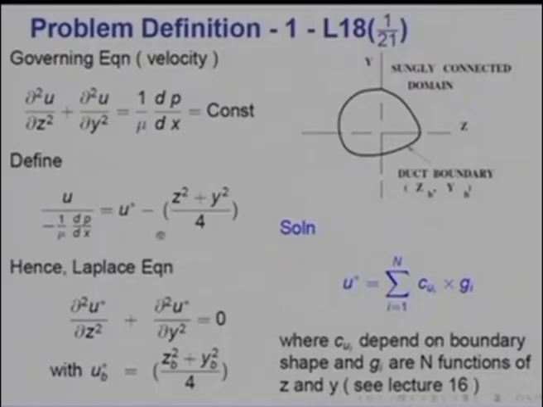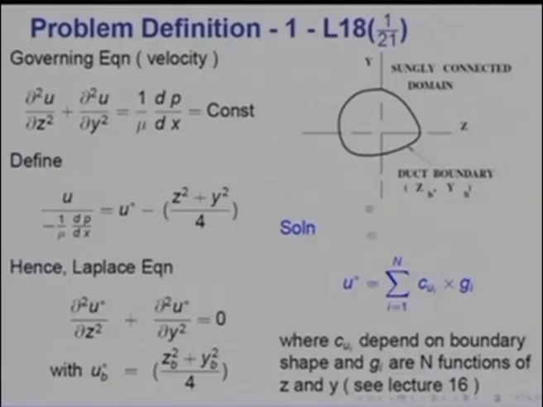and u star b, the boundary value, was equal to, where u is itself equal to 0, z b square plus y b square divided by 4. And the solution to that we had shown is given by this expression, that u star is equal to the sum from i equal to 1 to n of C u i G i, but now I am calling it C u i to indicate that these coefficients were for the velocity problem, and G i functions were also given in lecture 16.